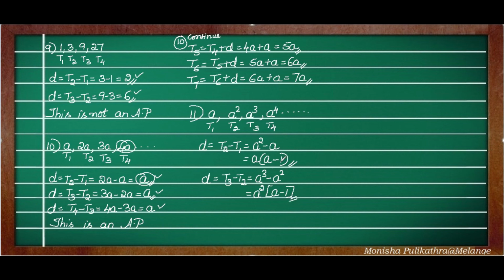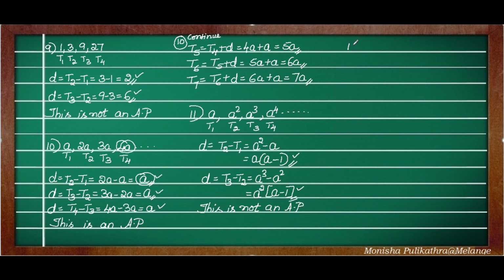Here A into A minus 1. Here in the second common difference, A square into A minus 1. So the common difference is varying clearly. So this is not an AP. So if it is not an AP, we need to stop the problem there itself. There is no need of finding any next three terms, right?